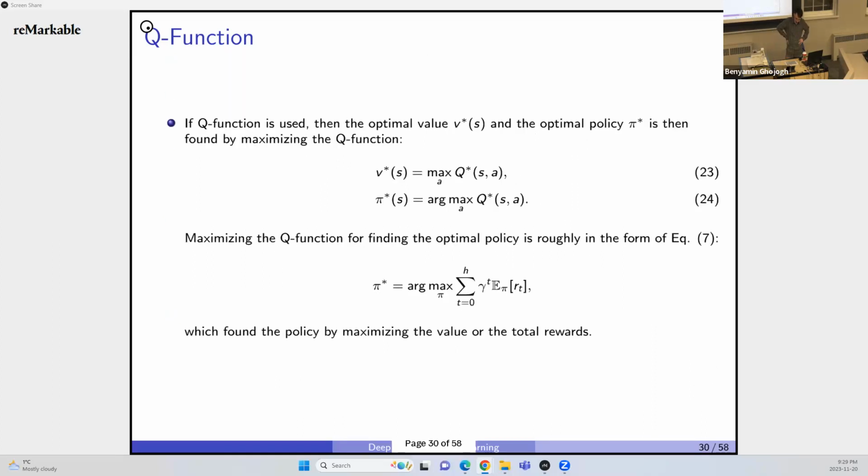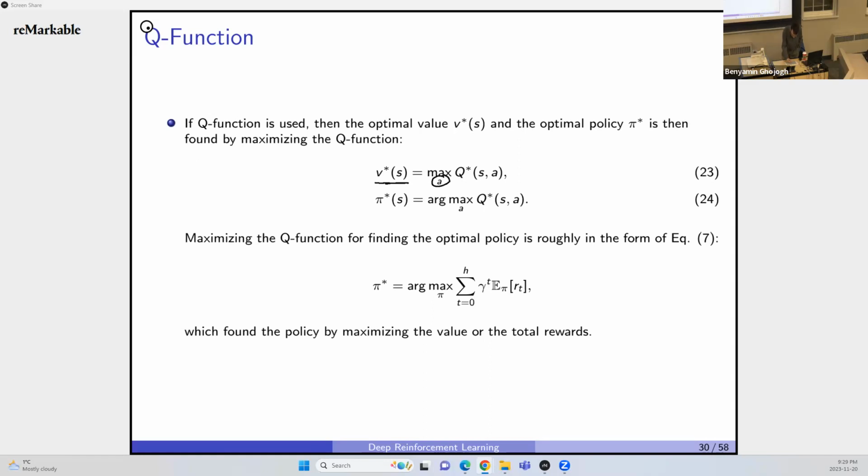Now, assume I have Q star of S and A, the optimal Q function for the state S and action A. Maximize it with respect to A, so the A goes away and it becomes like value. It becomes a function of state only. The value, which is a function of the state only, is V, not Q. It becomes V star.